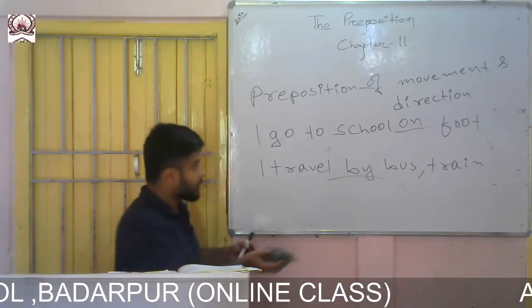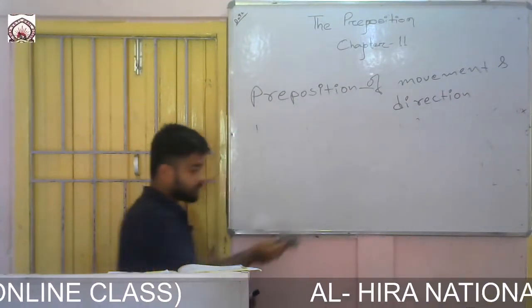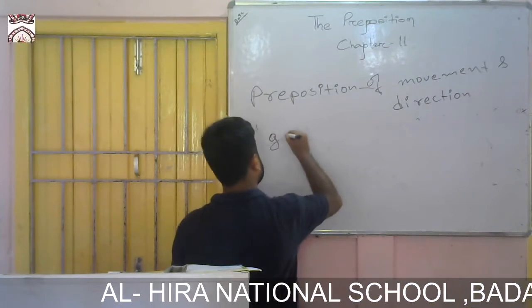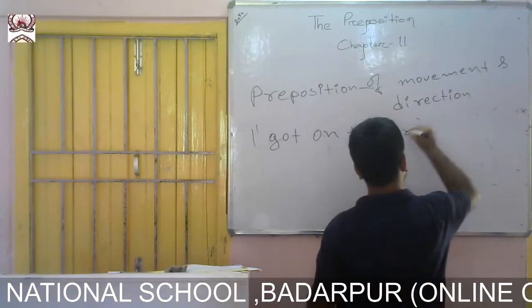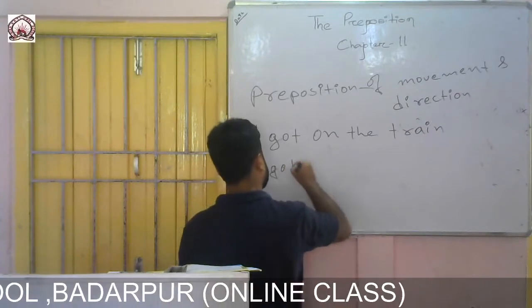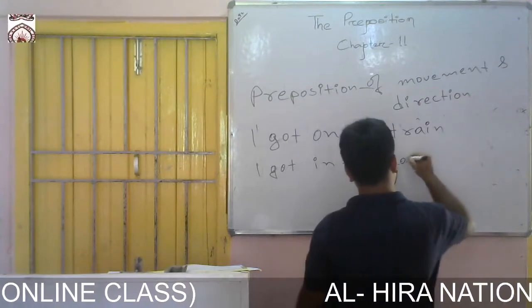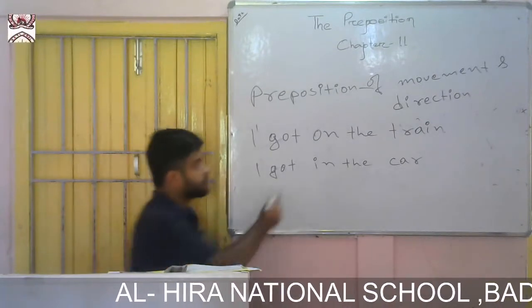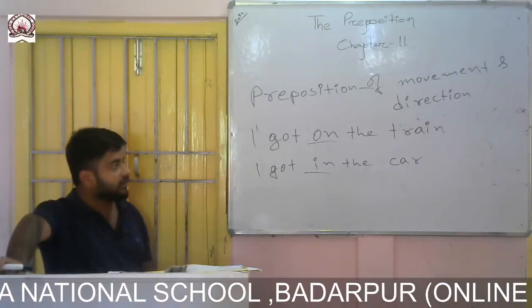Then another preposition. I got on the train. I got in the car. If a big vehicle is there, then what do we have to use?